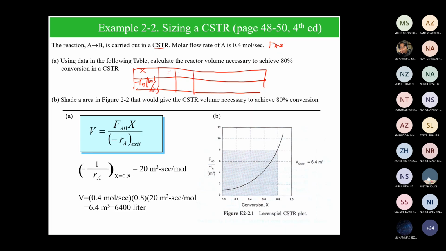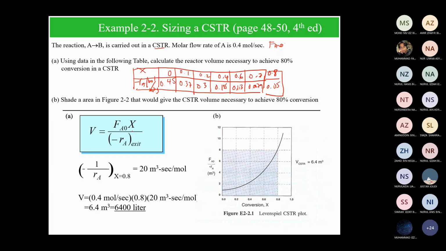We have X of 0, 0.1, 0.2, 0.4, 0.6, 0.7, and then another one, 0.8. Negative RA: this one is 0.45, sorry, then 0.37, 0.3, 0.195, 0.113, 0.079, 0.05.